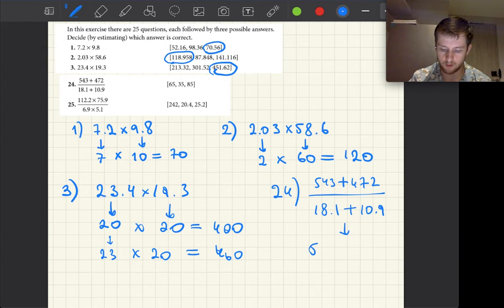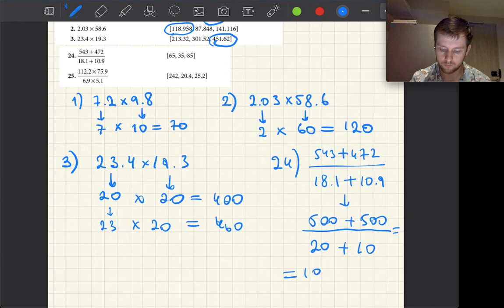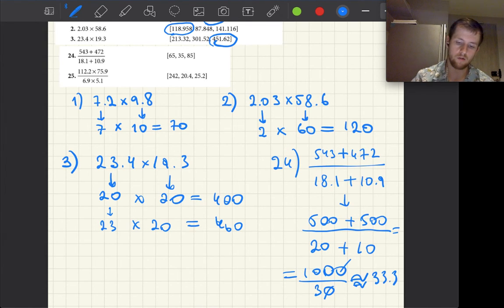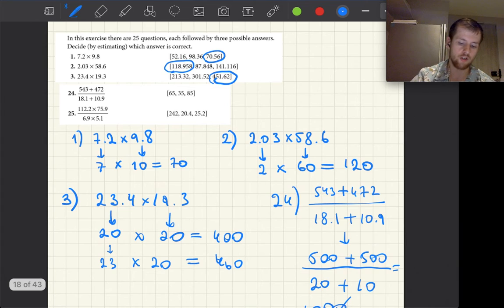It's going to be 500 plus 500 divided by 20 plus 10. That's going to be around 1,000 divided by 30. That's around 33.3. And we see that the only number which is close to it is 35. So that's the actual answer.